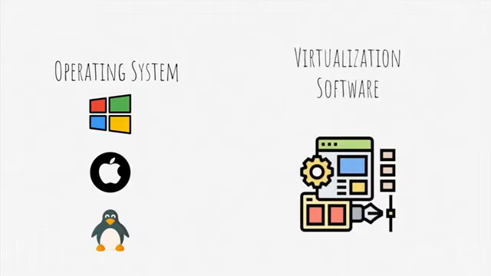Now, what is this? Even though it sounds harsh, virtualization software is essentially a program that will allow our physical machine to lend hardware components to our virtual machine. Or we can also define it as a program that will allow us to run multiple operating systems on a single host, or a single machine.